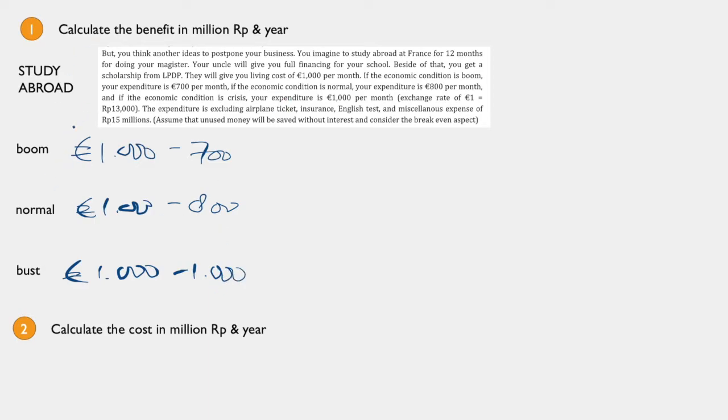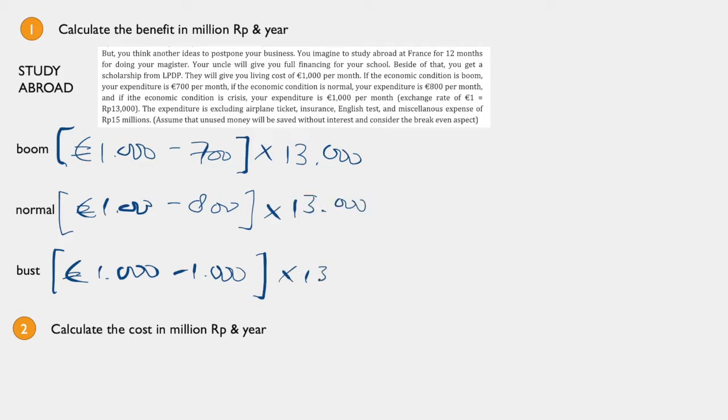So we will count this first, because this way we will find our leftover, and then we multiply it by the exchange rate, 13,000, to make it in rupiah. And also these are per month, so we will have to multiply it by 12 months to make it a year.